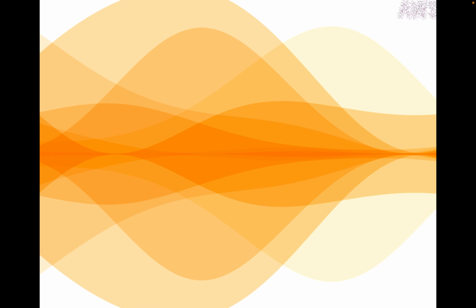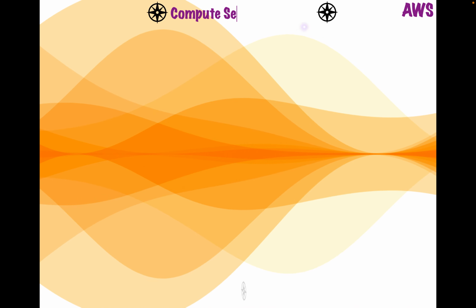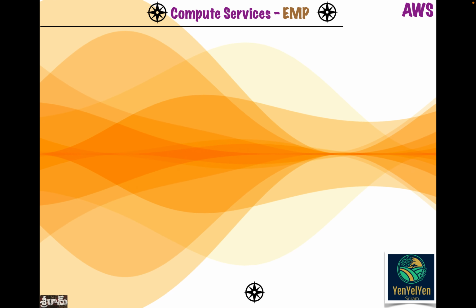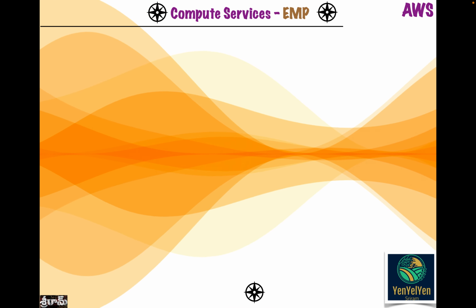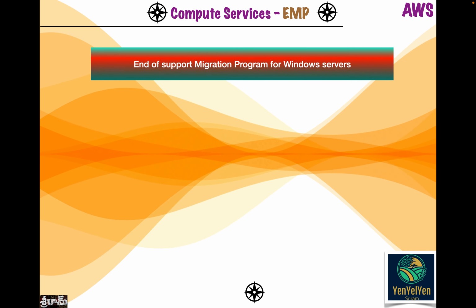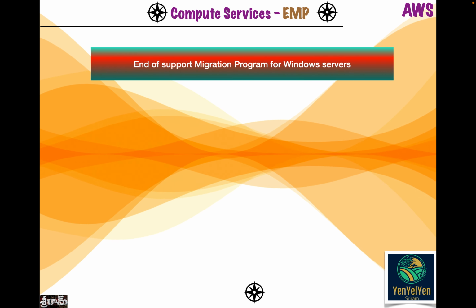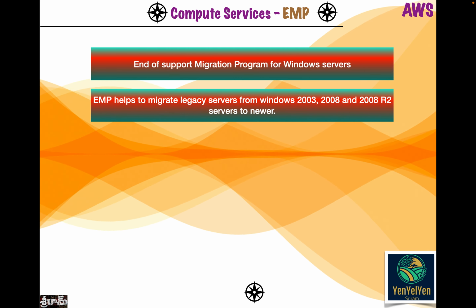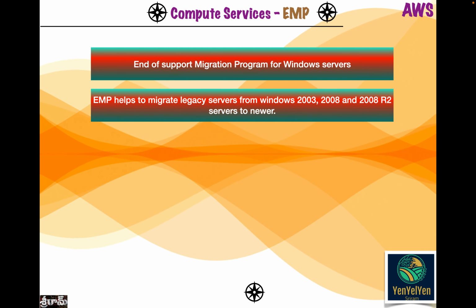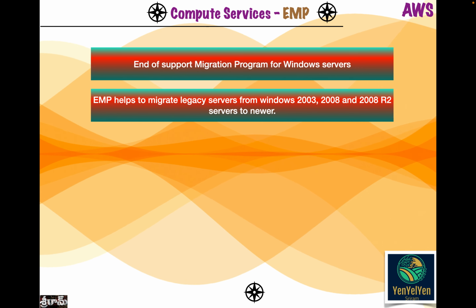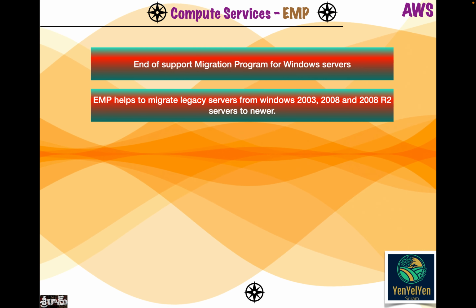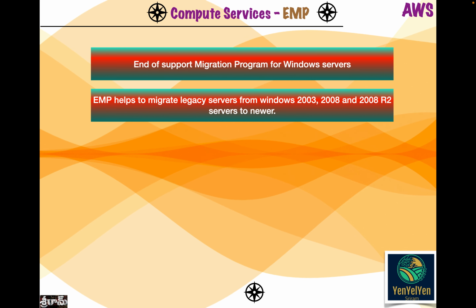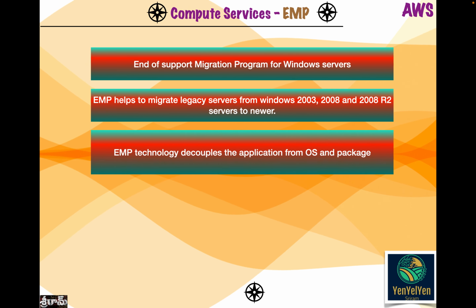Next service is End of Support Migration Program (EMP). This is specifically for Windows servers. This program migrates legacy applications from Windows 2003, 2008, and 2008 R2 servers to newer supported versions on AWS without any code refactoring.